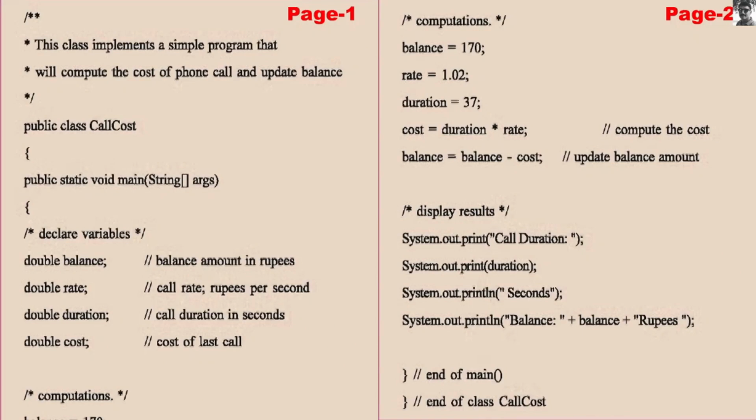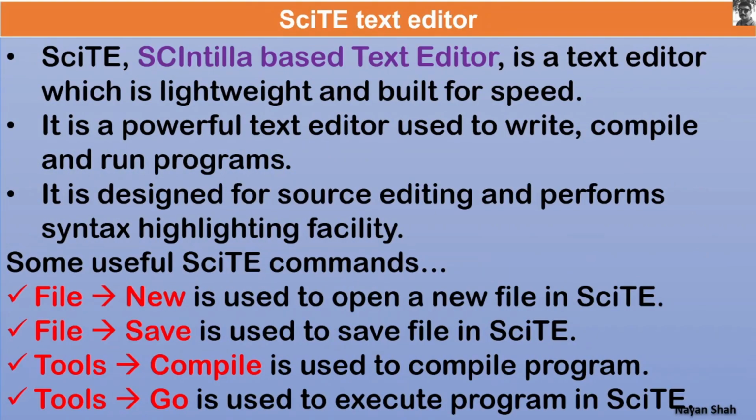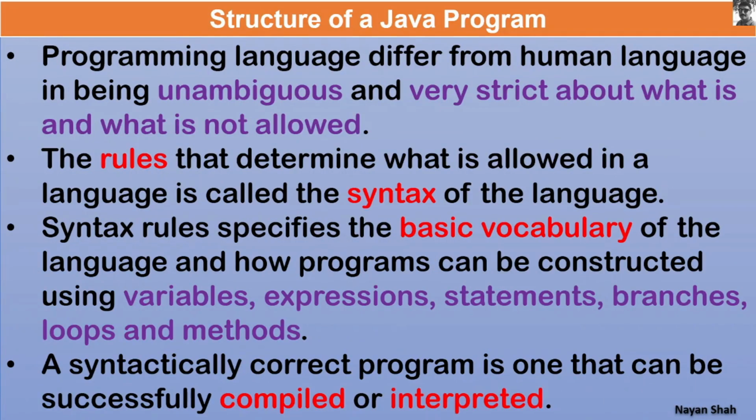This textbook has given a very simple program for calculating call cost. And then remember the difference between print and println, the use of the plus operator, that is the concatenate operator, the text editor and its 4 different commands, what the syntax, rules and vocabulary of any programming language are, and the difference between compilation and interpretation.